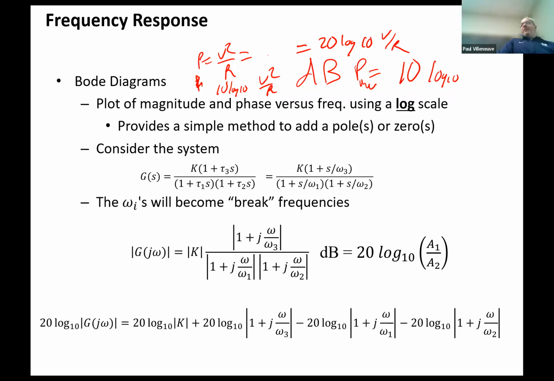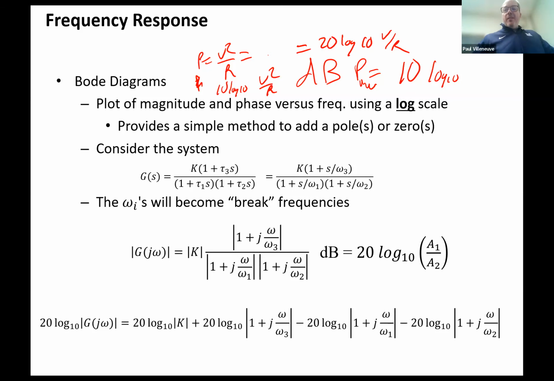So you can determine that frequency, because if you remember my 1 over 1 plus RC omega term squared, when will you have half the power? When that equals 1, right?